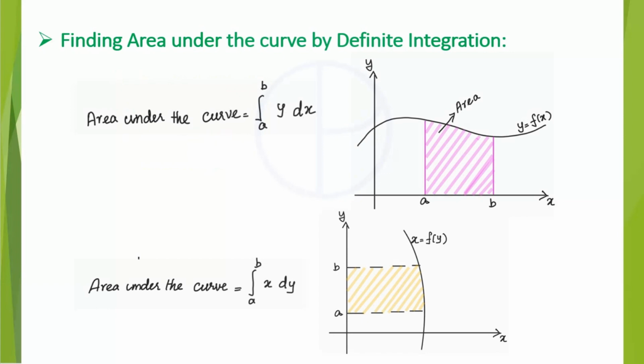The first diagram shows the curve y is equal to f of x and the limits are a to b. The area under the curve within the limit a to b is given as integral a to b y dx. Okay, the area is enclosed by a curve on the x-axis in this case.